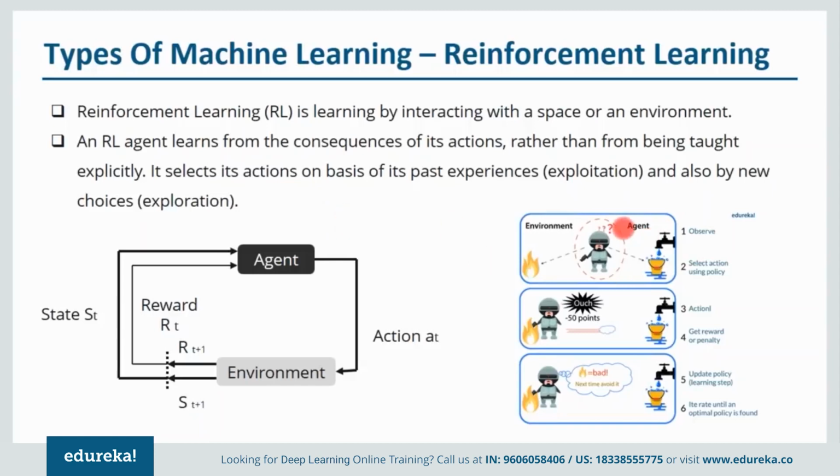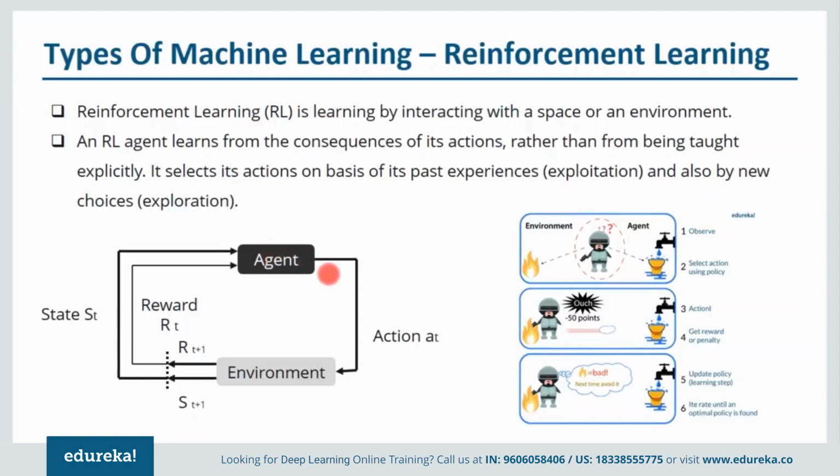Now, the same example is there in front of your screen. So you have this machine. It has two choices, either to touch the fire or touch the water. First, it goes on and touches the fire. Because of that, it gets some burning sensation. Now it has only the other option, that is to touch the water. So when it touches the water, it gets some reward. Because of that, it'll understand that it does not have to touch fire ever again.